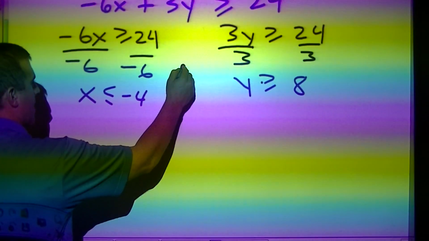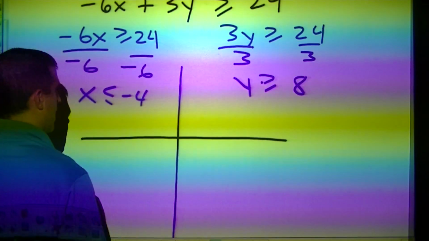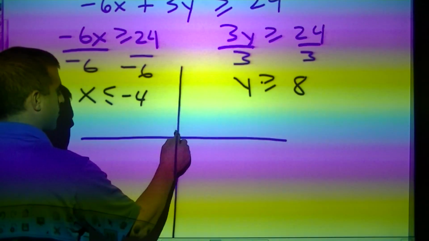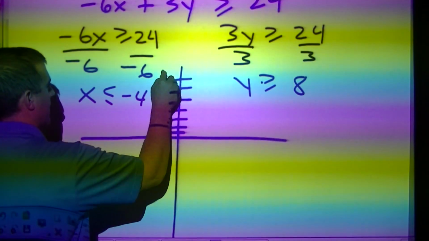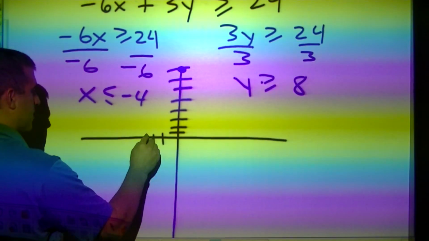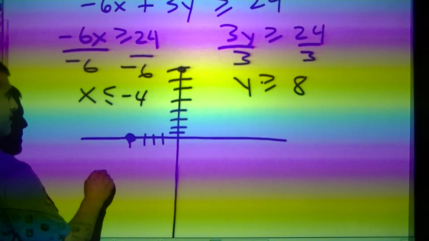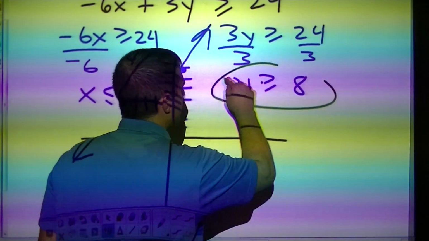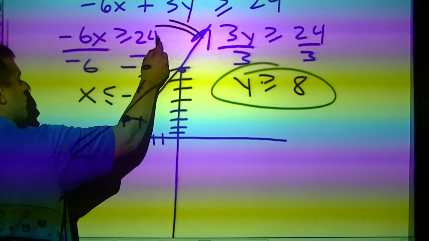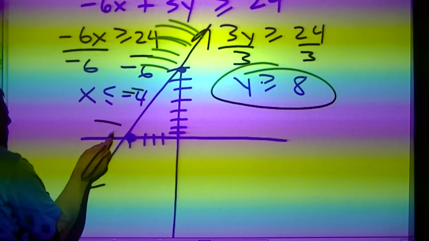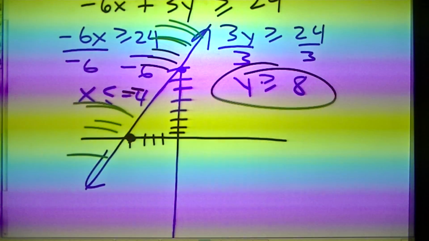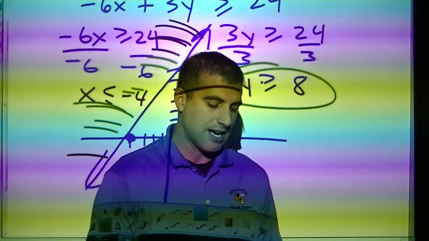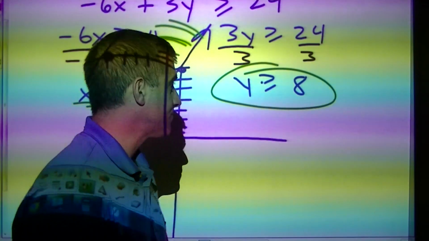So when I graph that, I am 8 up, 1, 2, 3, 4, 5, 6, 7, 8. I am negative 4 to the left. I am a solid line. And all I care about is this, y greater than. So that's going to be shaded that direction. And that's how you do that inequality there.